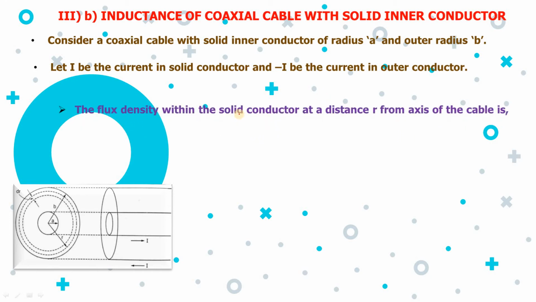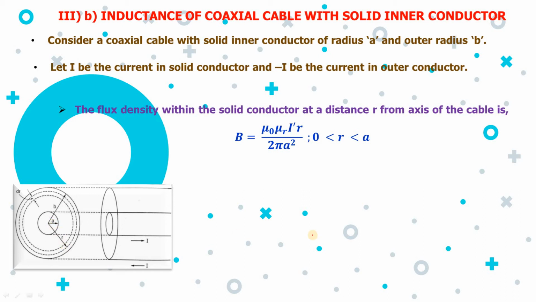The flux density within the solid conductor at a distance r from the axis of the cable is given by B is equal to mu naught mu r I dash r divided by 2 pi a square, where r is between 0 and a.